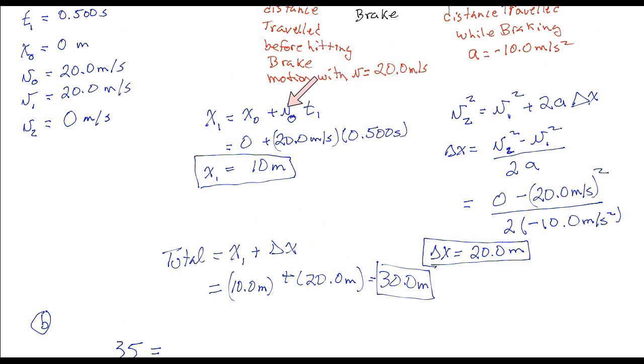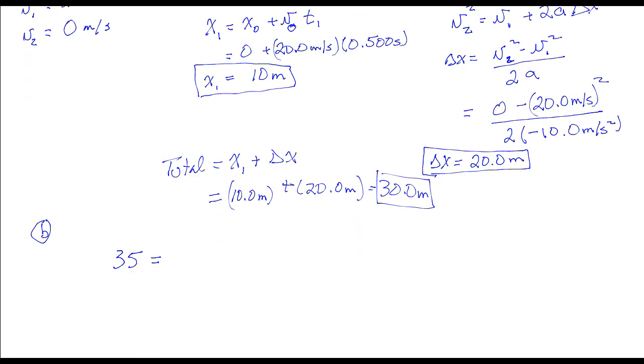I don't know what v is, but I do know what t1 is, and I also know what x naught is. So x naught is 0, and we're just going to substitute in v for the speed that we're initially going, and that's what we want to solve for. So we have v times t1. This first term here is the distance we travel at speed v before we hit the brake.